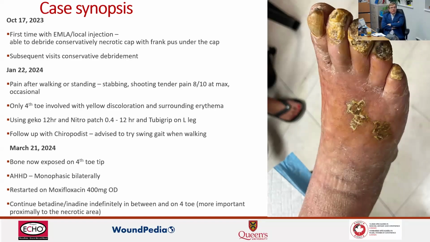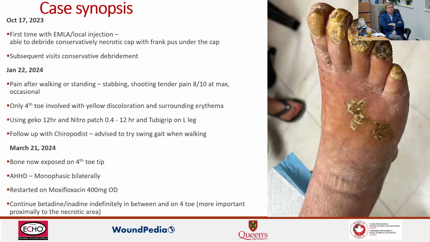Only the fourth toe involved a yellow discoloration and surrounding erythema. Used the Gecko, moved his nitro patch down, and we were able now to put 2V grip on his leg. He didn't tolerate that before. Follow up with chiropodist that advised a swing gait, where you swing your leg around, walk with the other foot, and swing your leg around.